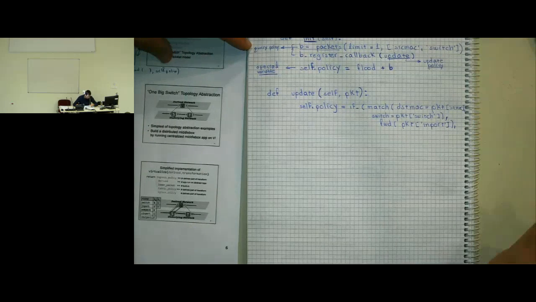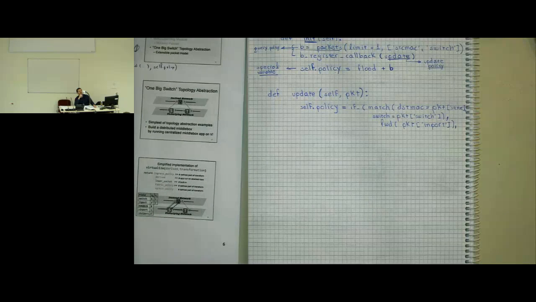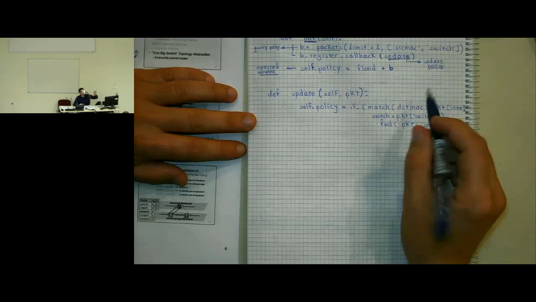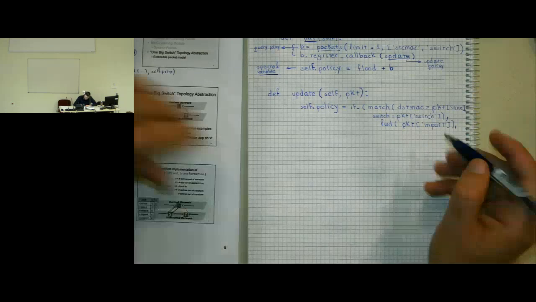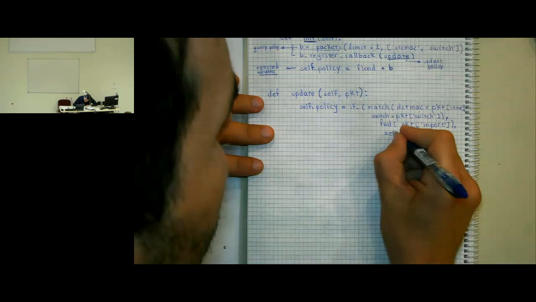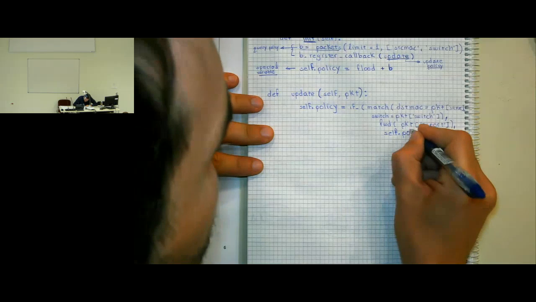Otherwise, what do we do? Who can find it? I would say drop. It's not correct. Add plus. Yes, it's flood plus B, it's correct. But it's not exactly correct. Self.policy? Self.policy, correct. Otherwise, self.policy.